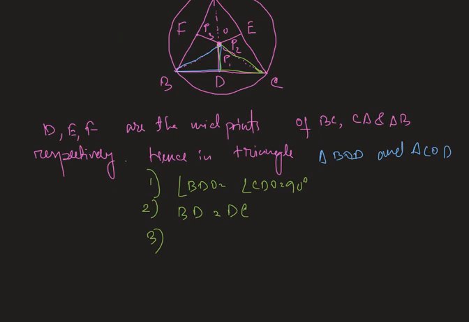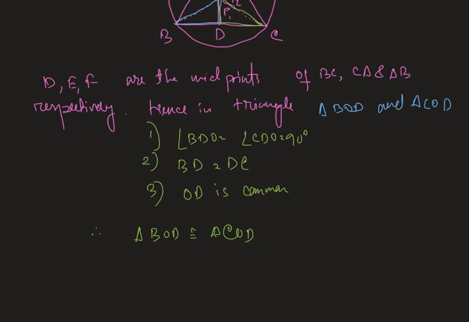And thirdly, OD is common. Therefore, they are congruent triangles.